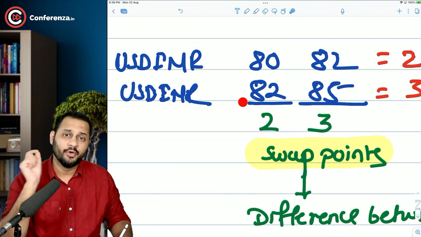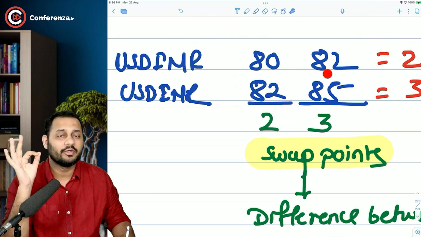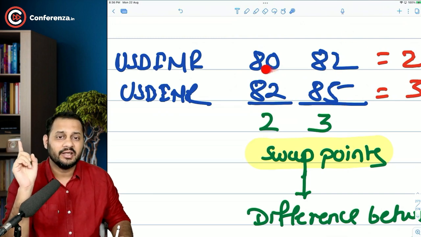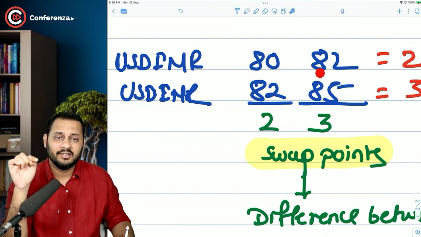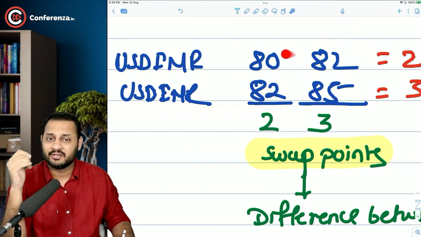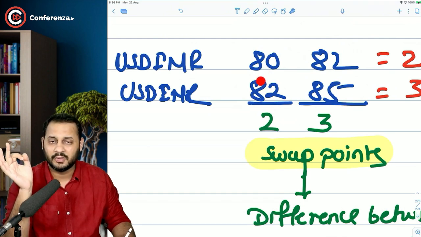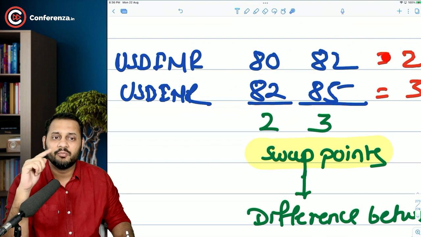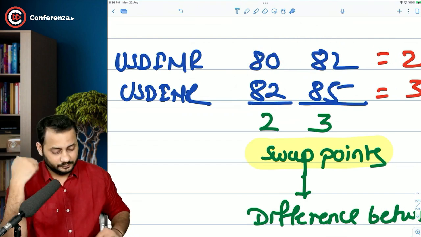So you should know, if these rates are given and the spread is given, then how to calculate the ask rate. In bid, the spread will be added, and in ask, the spread will be deducted, so that you can arrive at the other part. So 82 minus 2 is 80 and 80 plus 2 is 82.